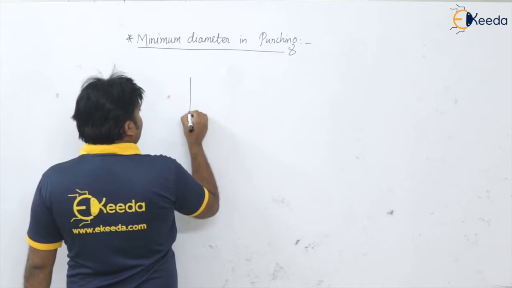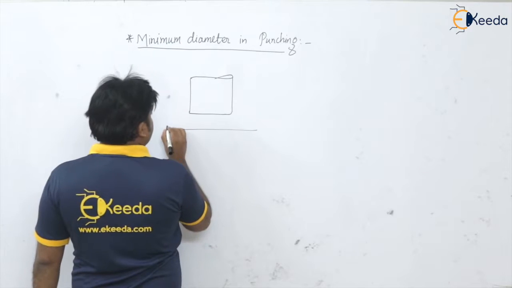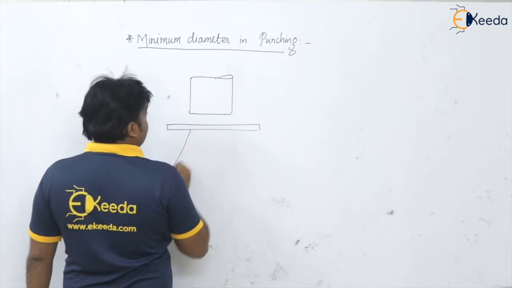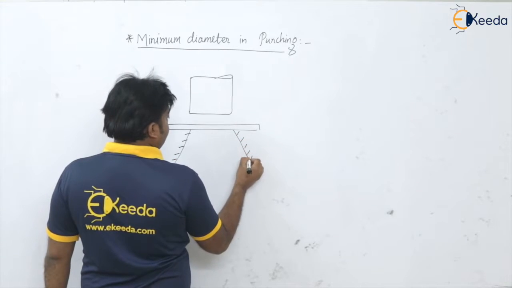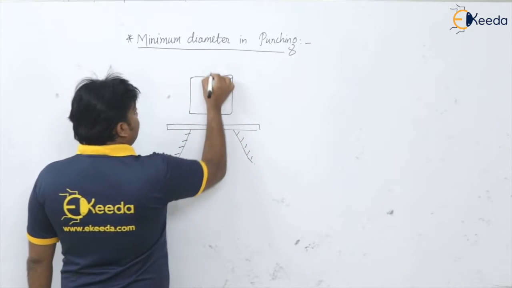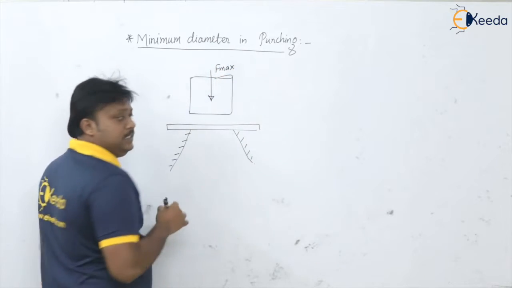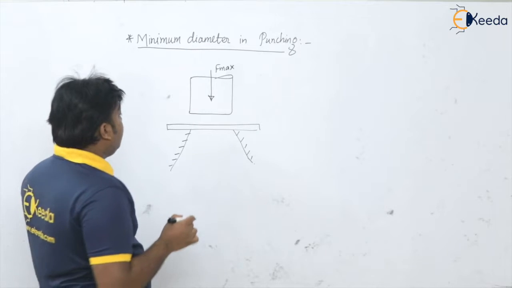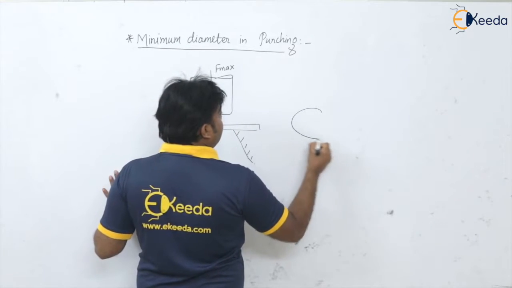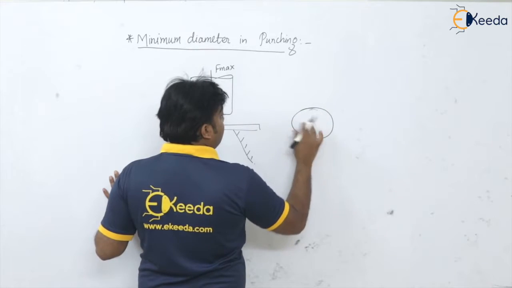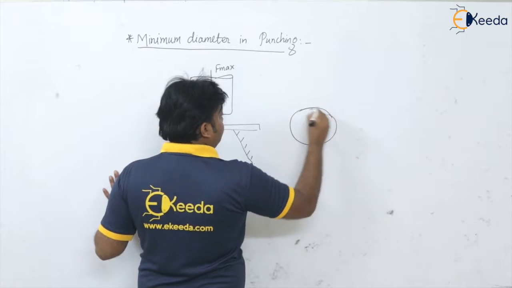This is our punch, and this is the sheet. This is the die. Okay. Now, when the force is applied by the punch, this force is F max in the sheet metal operation. So definitely, if you look at the bottom of the punch, of course the punch is cylindrical one, and the bottom is what? It's a circle, isn't it?